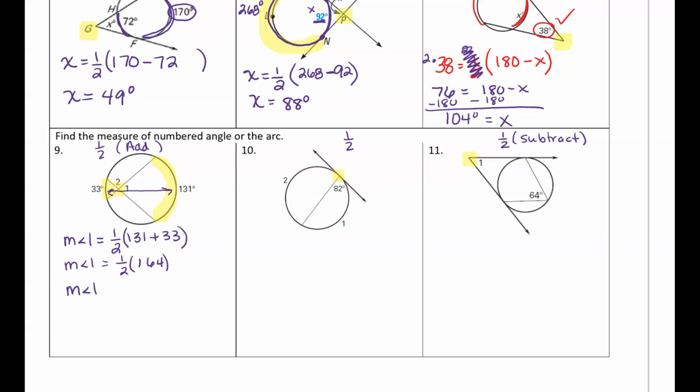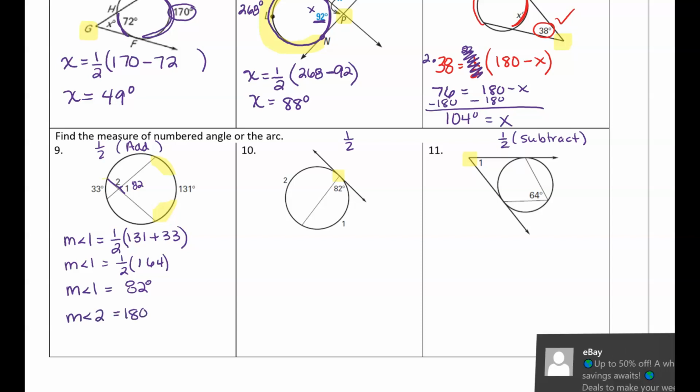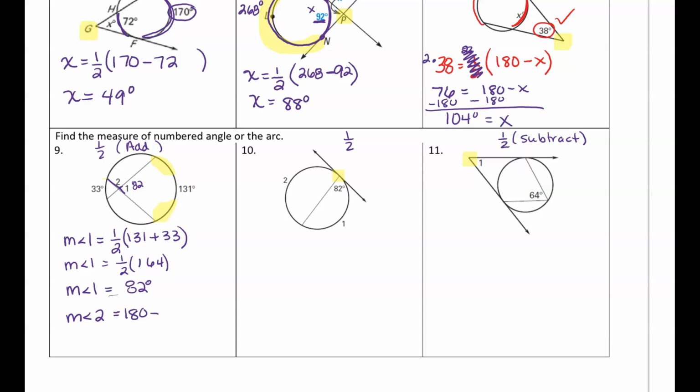So the measure of angle 1 is going to be 82 degrees. Now, if angle 1 is 82 degrees, angle 2 is going to be a linear pair. So the measure of angle 2 is going to be 180 subtract 82, so the measure of angle 2 is going to be 98 degrees.